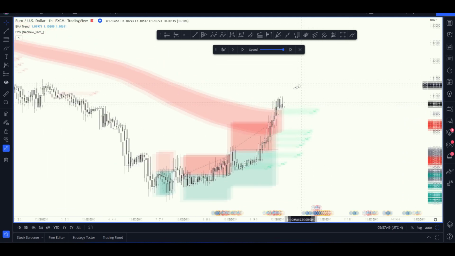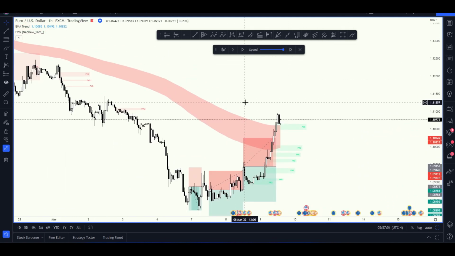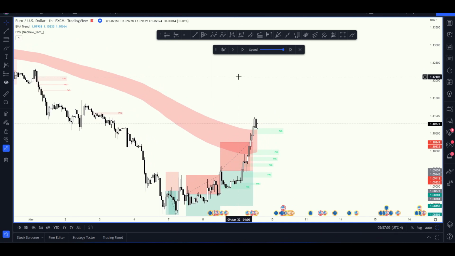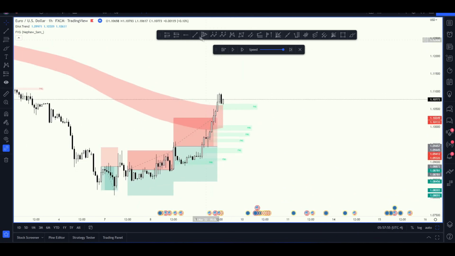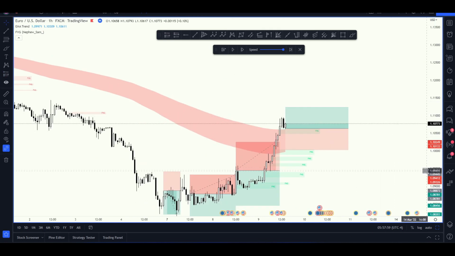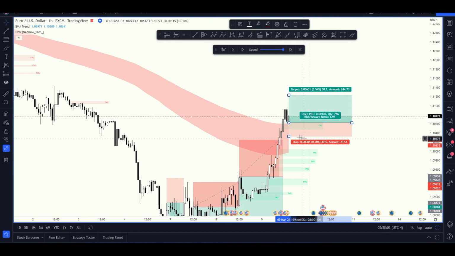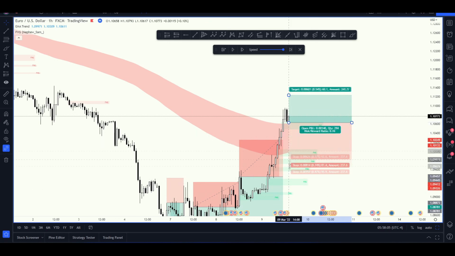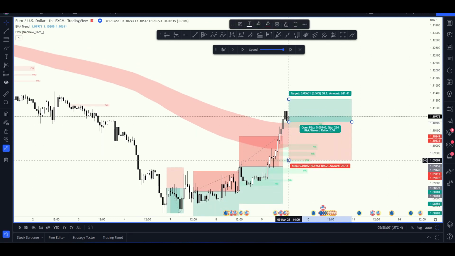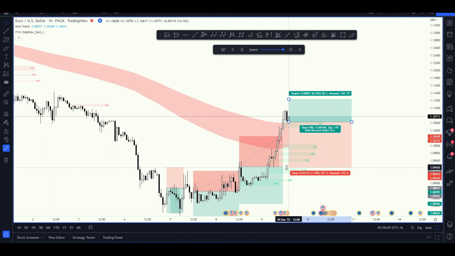Okay, we are now above the cloud, so we are looking to long the fair value gaps. We put a long entry right here when we touch the fair value gap. The stop loss, well, where the stop loss is right now. So the rules, we need more rules.